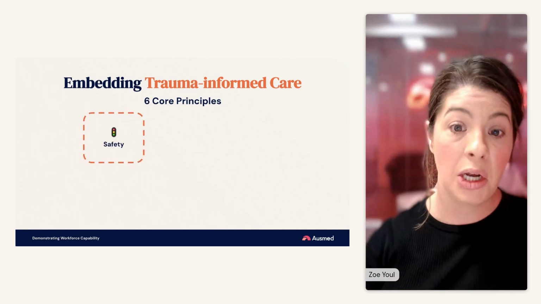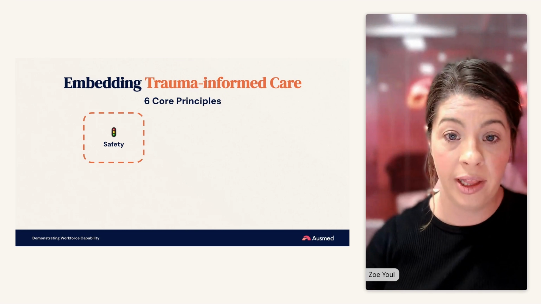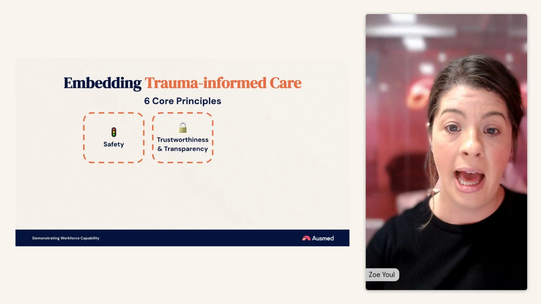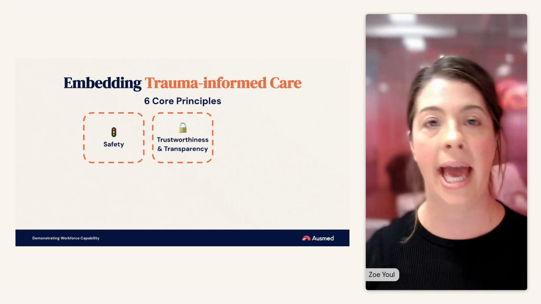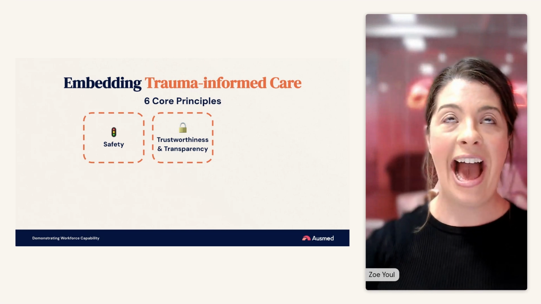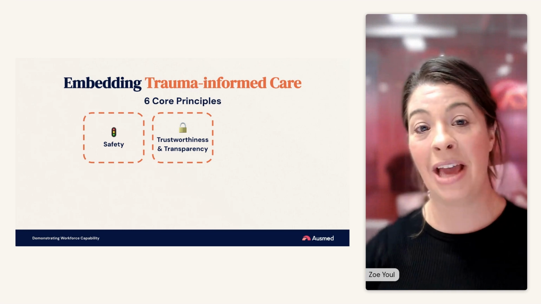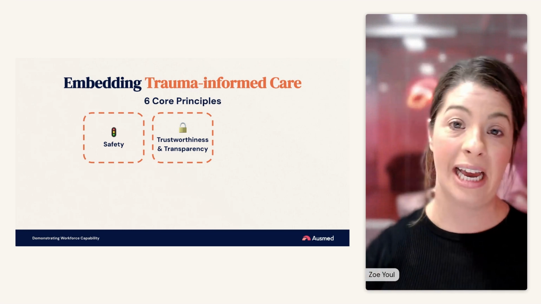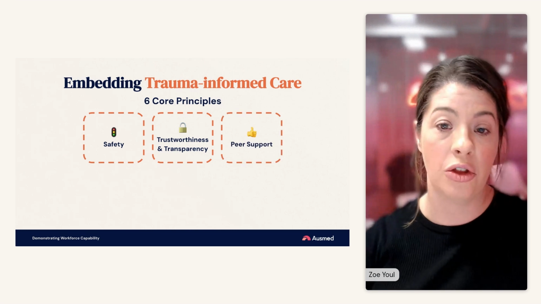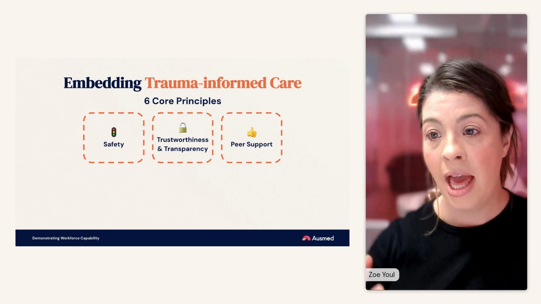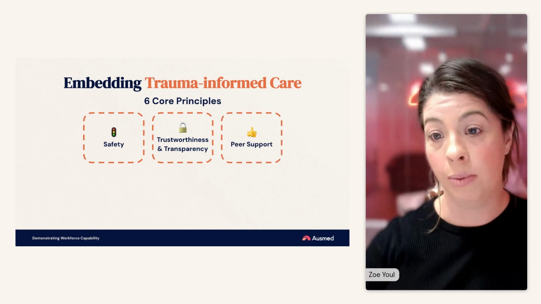I'm actually going to skip over some of this. There is a very good article that we'll publish on embedding trauma-informed care, but a way to very simply think about, okay, how do I take this concept and make sure my organisation, my people are supported to understand this and to grow and learn about this concept. There are 6 core principles.